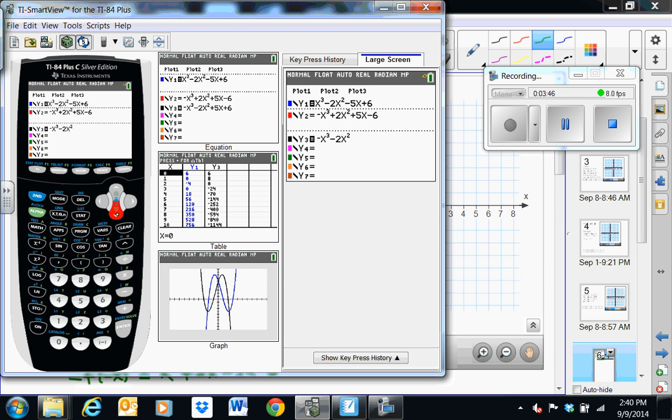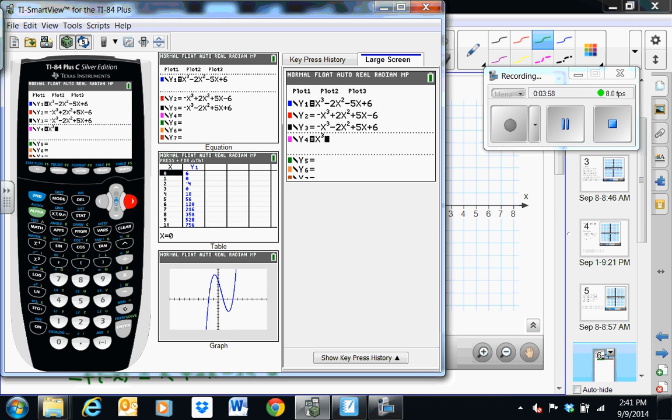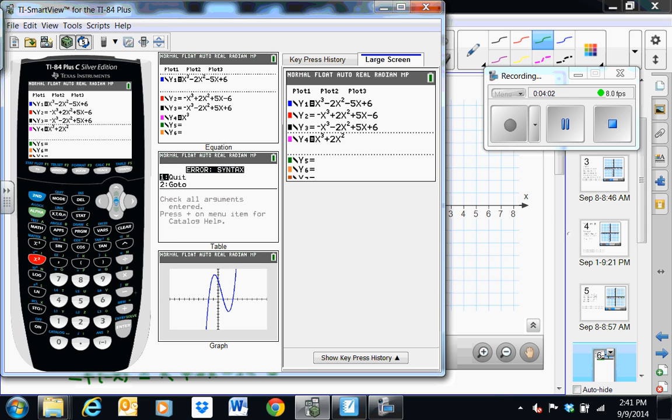This time I'm going to be sure to unselect y sub 3, and I'm going to scroll down to y sub 4 and put in x cubed plus 2x squared minus 5x minus 6. And this time it says that it's through the origin.